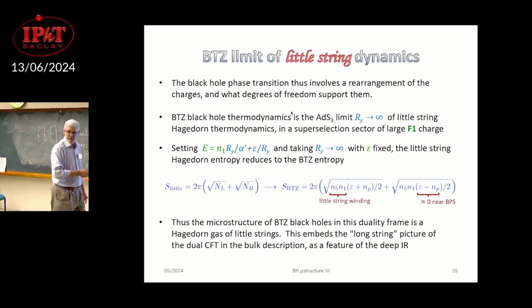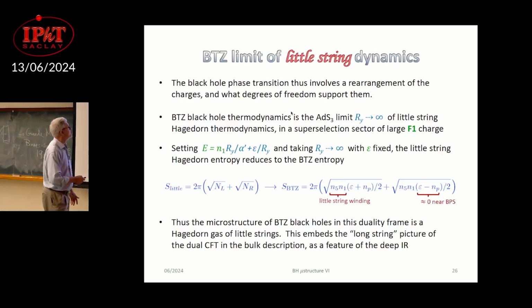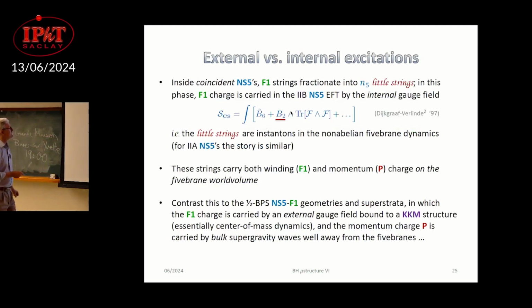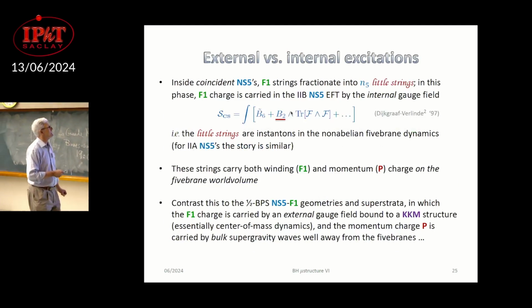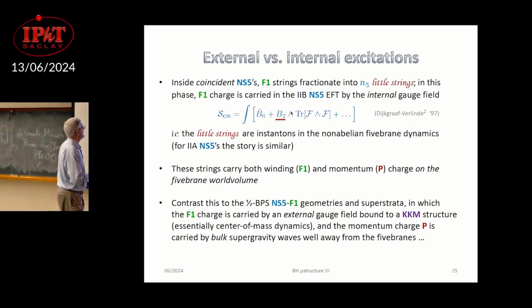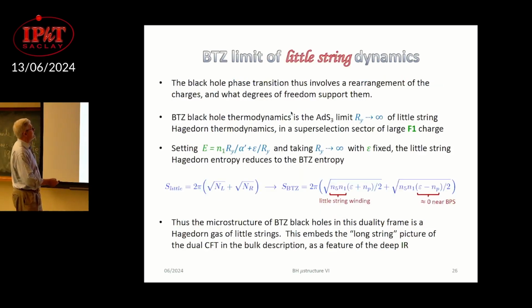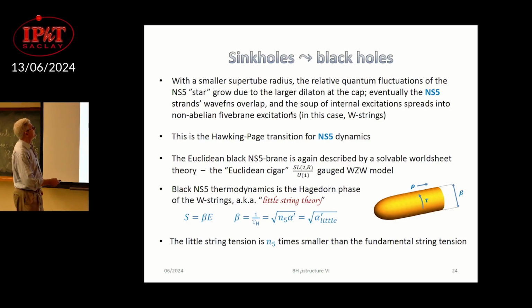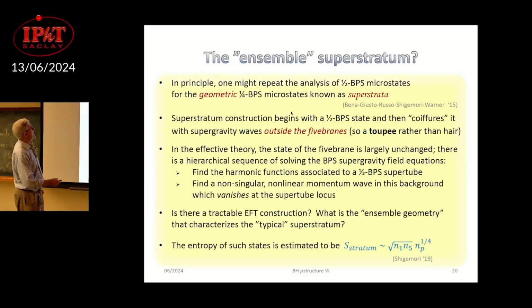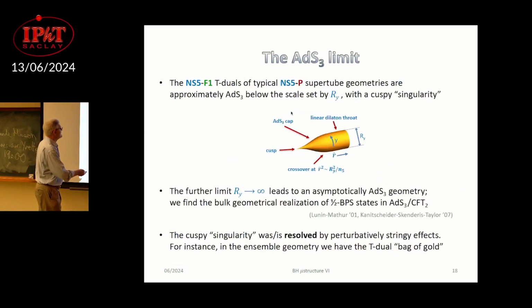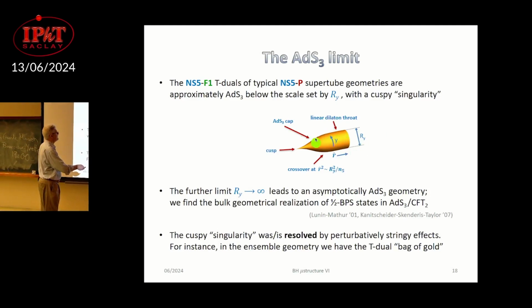Okay, just one question. So if you have more excitation energy, then you will get away from the regime of little strings? No. I think the way I would say it is the reverse. Coming back to this picture, as I said, it's linear dilaton above some scale that's set by the string charge, and then it's AdS3 below.